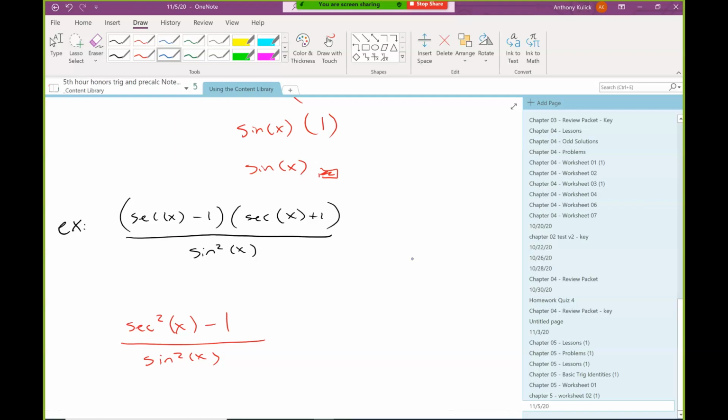Okay, so Keaton says, should we change secant? Oh, okay. Yeah, so he says we can take the Pythagorean identity, tan squared plus 1. If I subtract 1 from both sides of that, I have the numerator in the fraction that we're looking at. Does everybody see that?